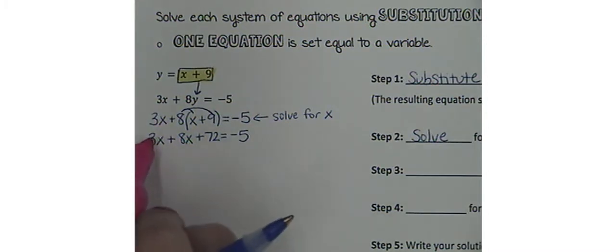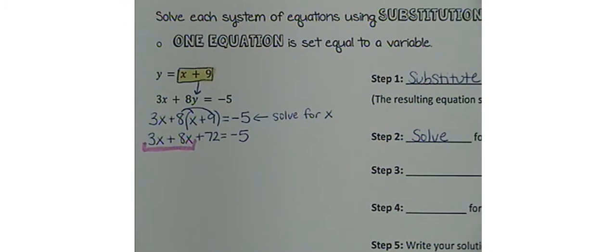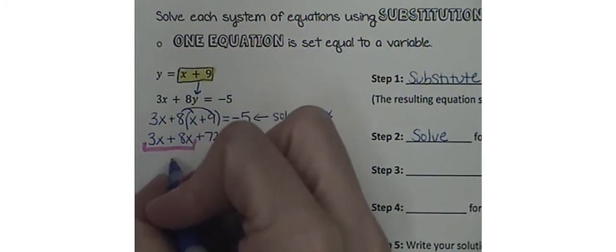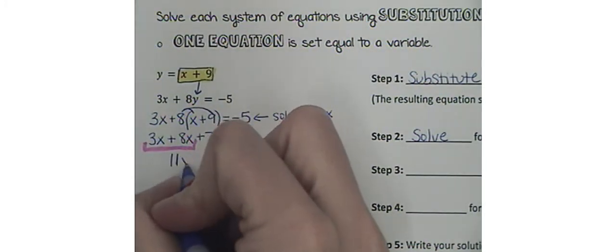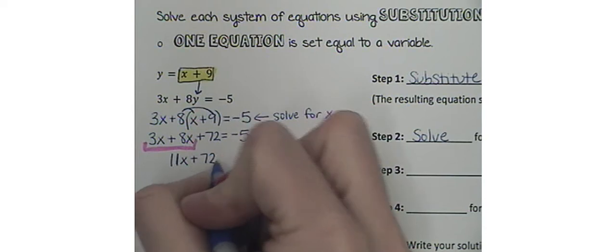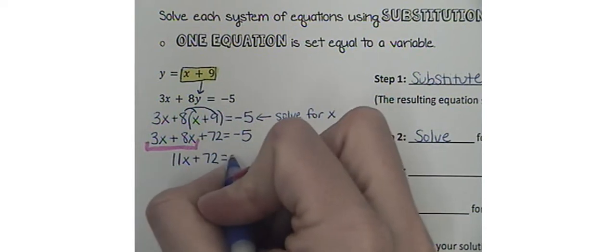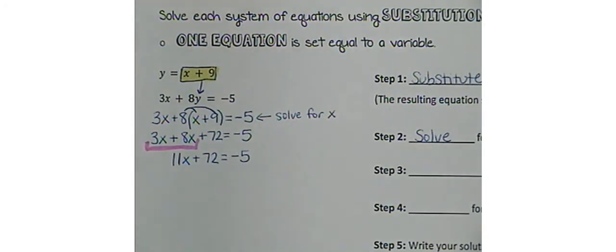So I'm going to combine like terms, CLT. 3x plus 8x gives me 11x. So 11x plus 72 equals negative 5.